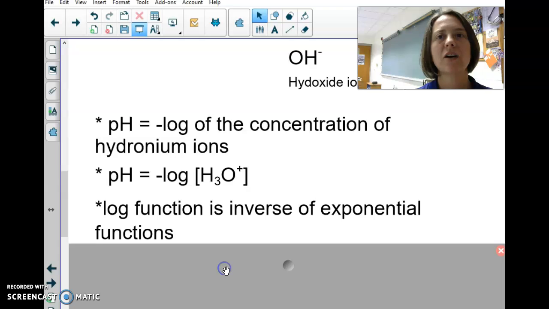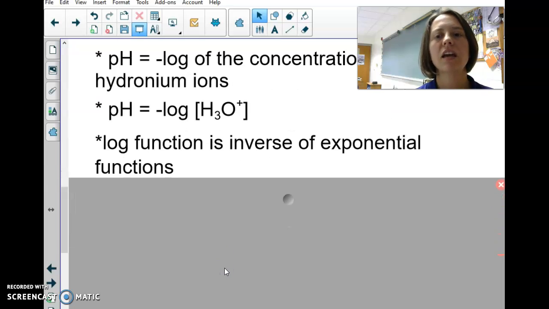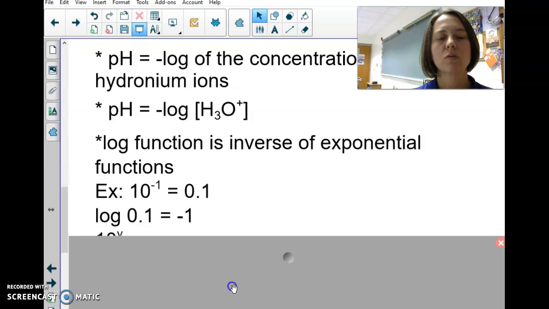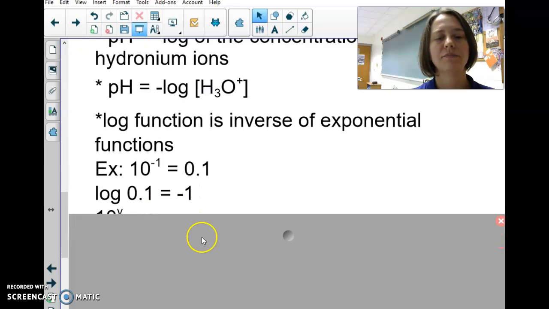So please write this down. The log function is the inverse of an exponential function. So what do we mean? So let's say we have 10 to the negative 1 exponent, and that's going to equal 0.1. Well, the opposite, or the inverse, I should say, is the log of 0.1 is going to equal -1.